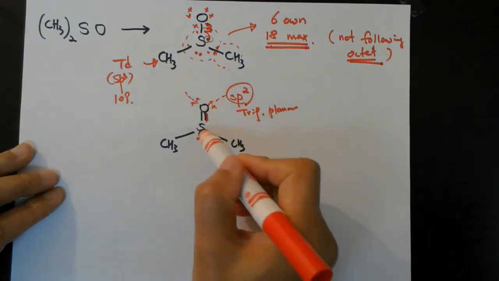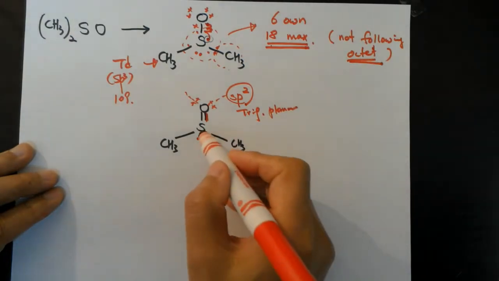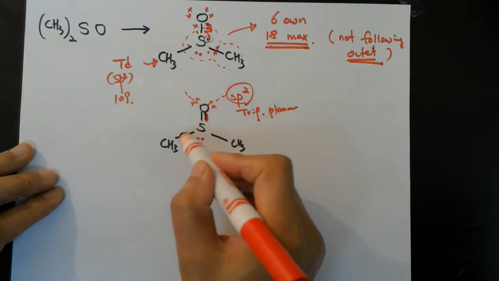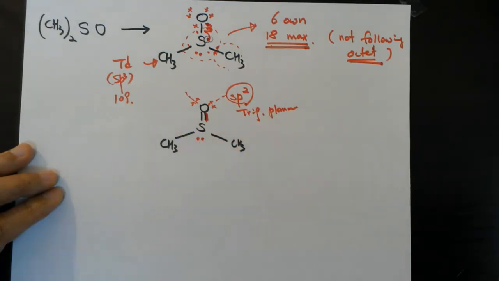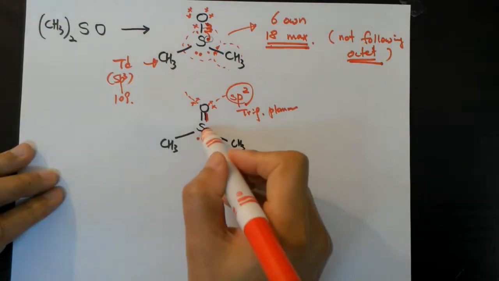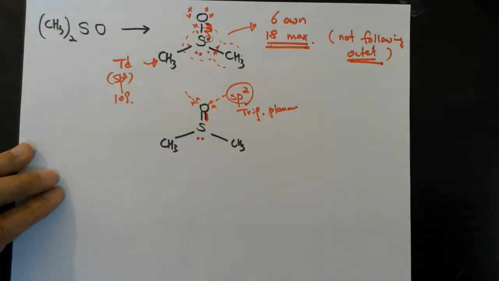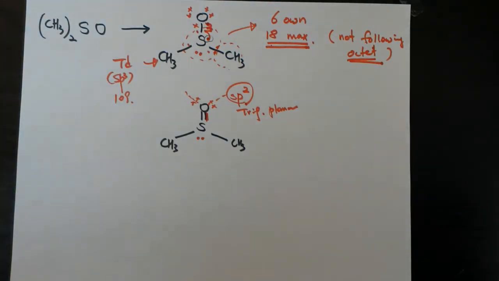Does that mean sulfur is also sp2? Let's take a look. It has 1, 2, 3, and 4 bonding and lone pairs with 1 pi bond. So that's not something we've seen before. So let's consider sulfur's case.